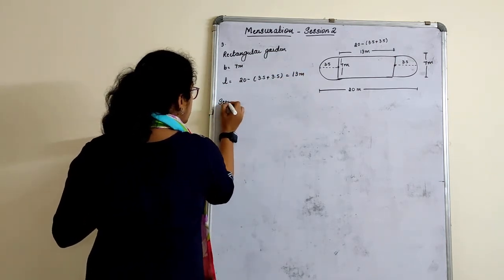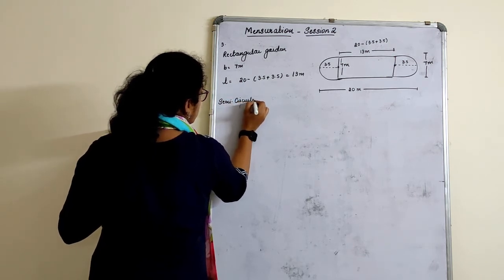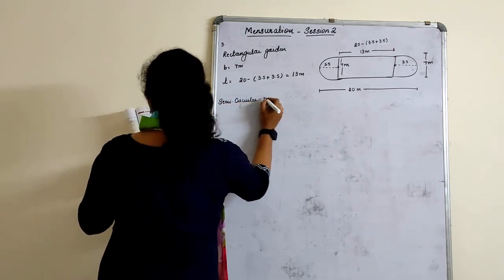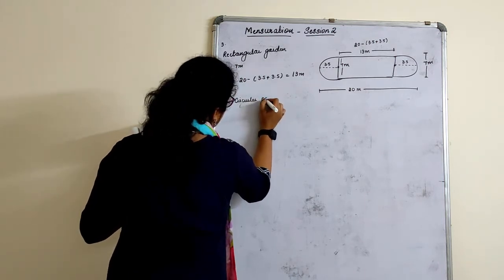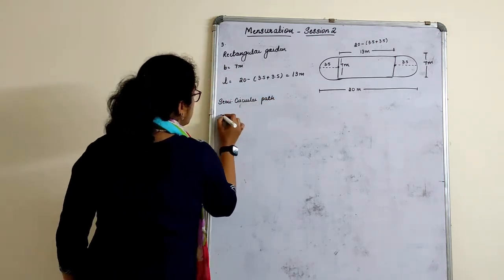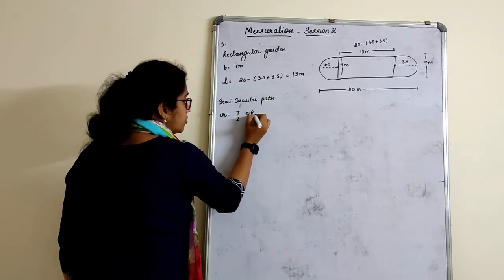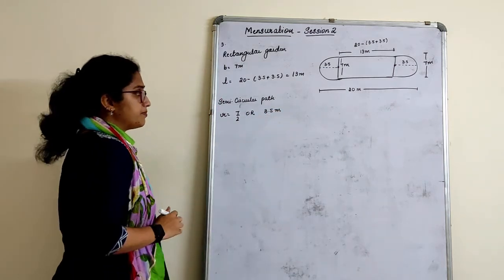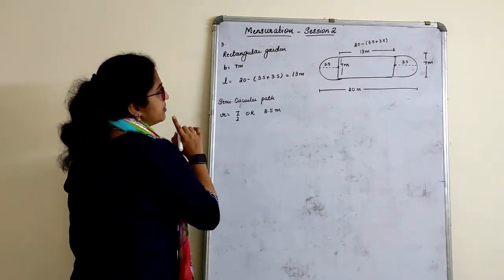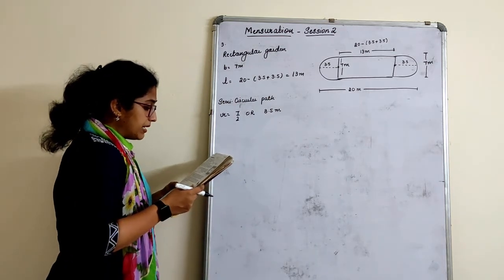For the semicircular part, radius is equal to 7 by 2 or 3.5 meter. Diameter is 7 meter. Remember this much. Now what we have to find? Find the area and perimeter of this garden.